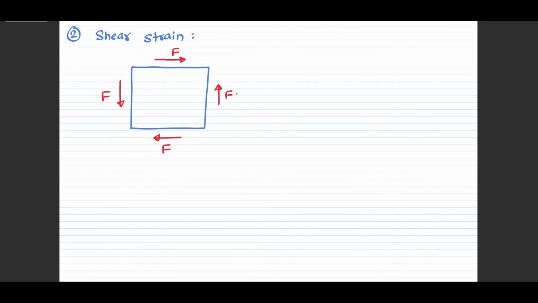The forces are applied like this. The net force as well as the net torque on this body is 0.